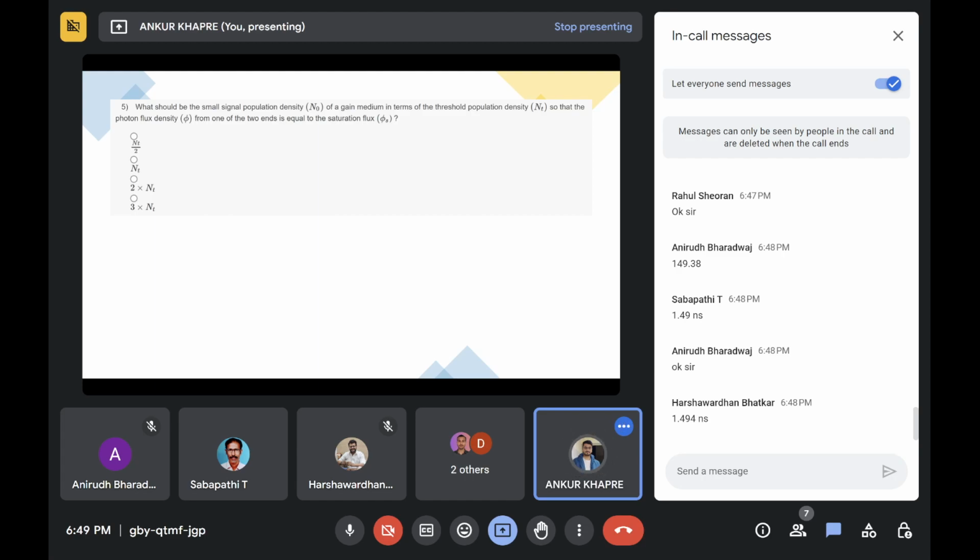Here it is quite an easy problem. You have to work in reverse, then you'll get to know the relation between this photon flux density and the saturation photon flux.